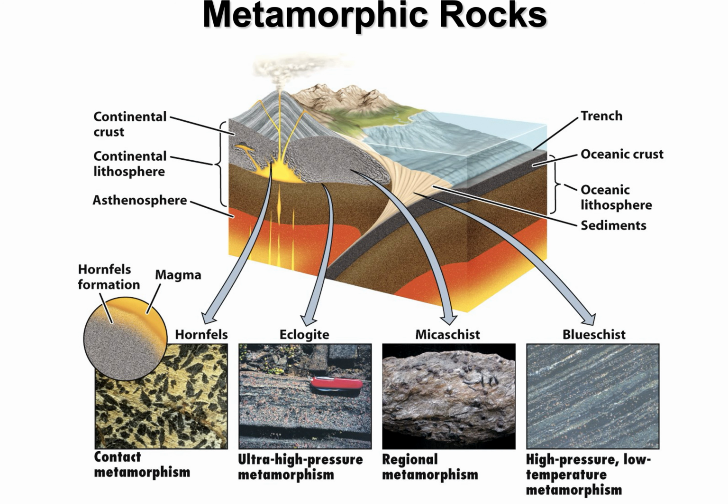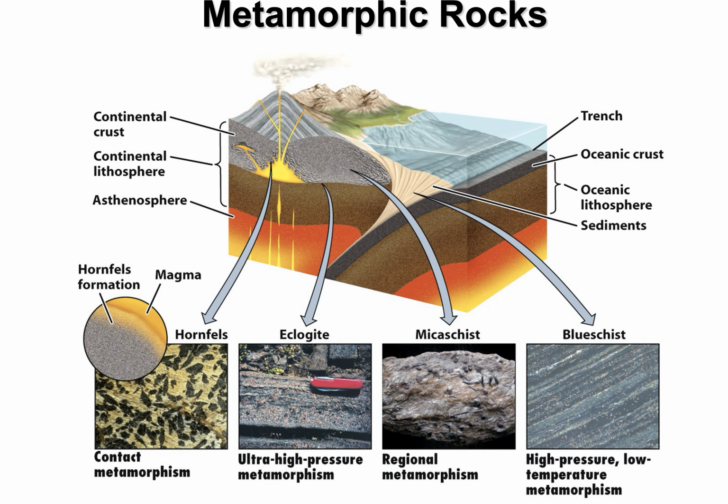And last but not least, we have this nice picture where we can find the different locations where we form metamorphic rocks. At the top we have the continental crust. Beneath the continental crust we have the continental lithosphere, and below that we have the asthenosphere.